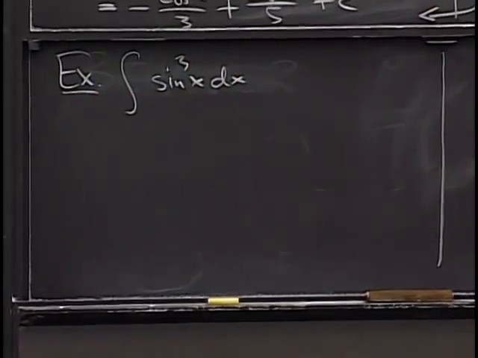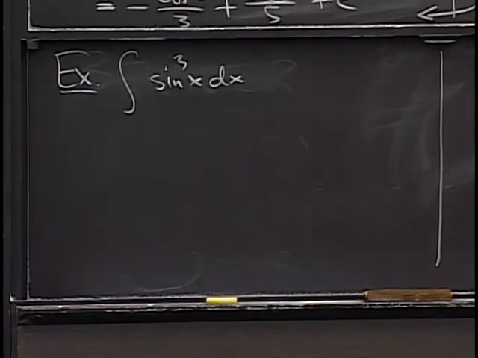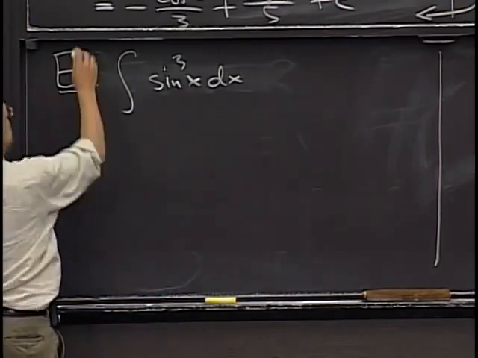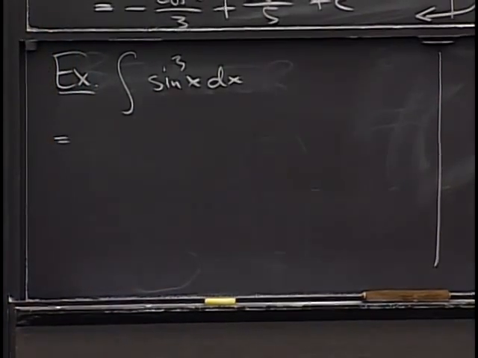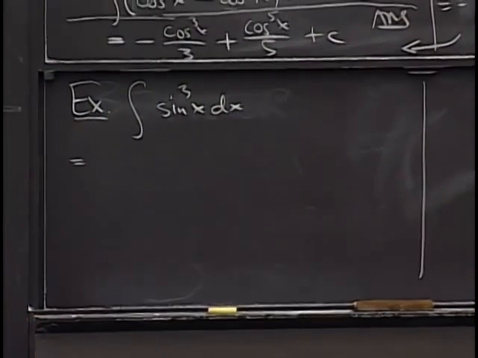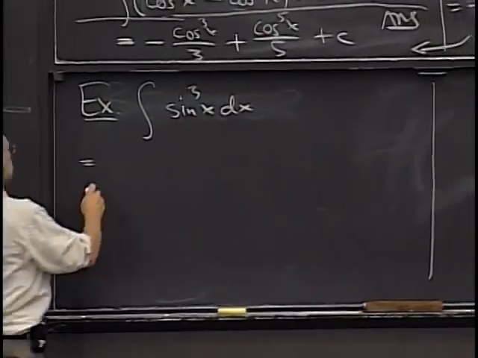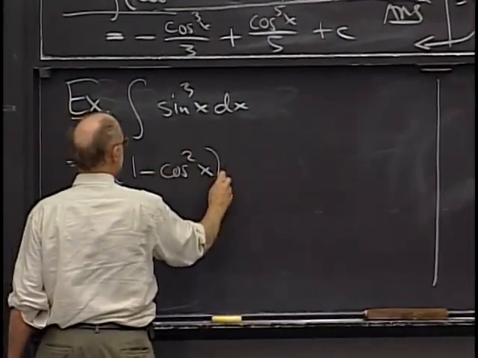No cosine in sight, but I do have an odd power of a sine or cosine, so I'm in the easy case, and the procedure that I was suggesting says I want to take out the largest even power that I can from the sine cubed, so I'll take that out, that's a sine squared, and write it as 1 minus cosine squared.